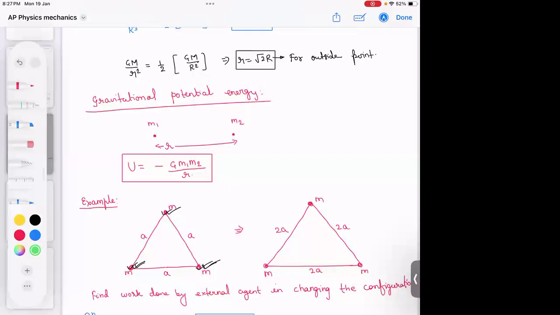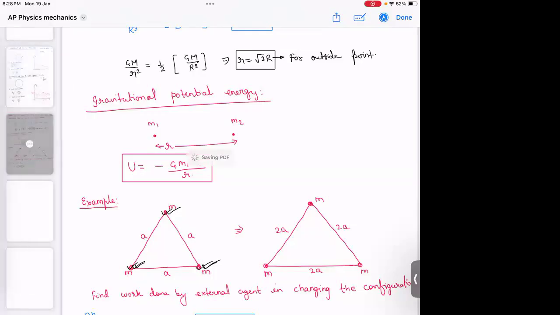So all those steps of electrostatics and gravitation are almost similar. 70-80% of gravitation is exactly the same as we have discussed in electrostatics. Only the symbols are different. That's it.